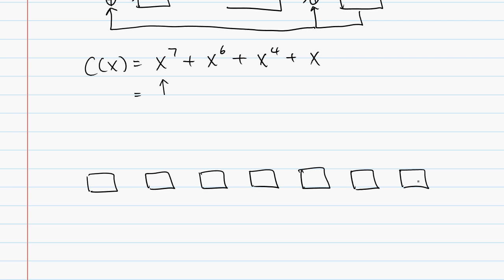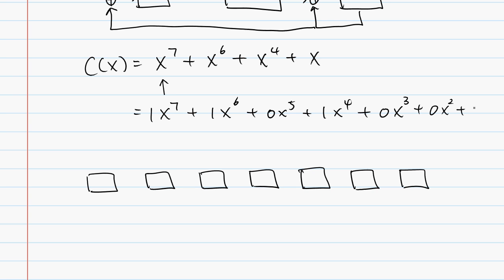Second step, we rewrite this polynomial in a better format that we can understand. So it's 1x to the 7th, plus 1x to the 6th, plus 0x to the 5th, plus 1x to the 4th, plus 0x to the 3rd, plus 0x to the 2nd, plus 1x, plus 0.